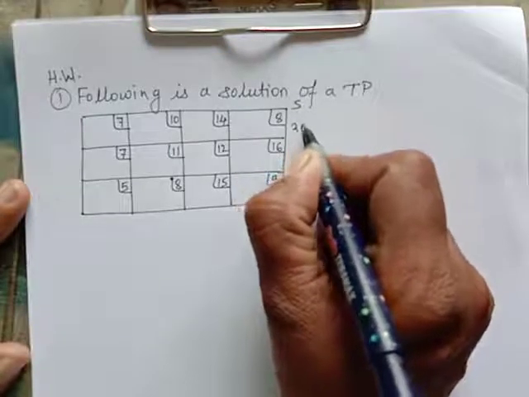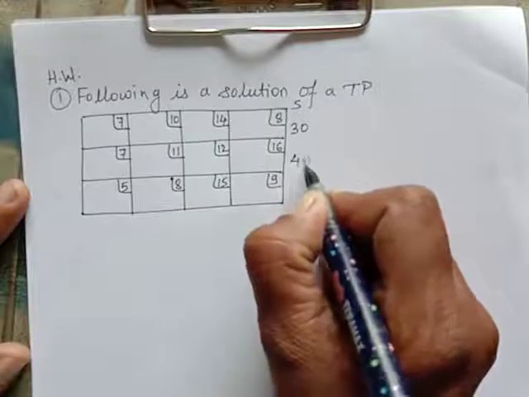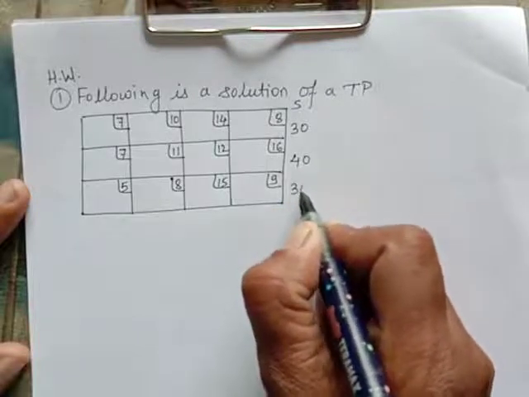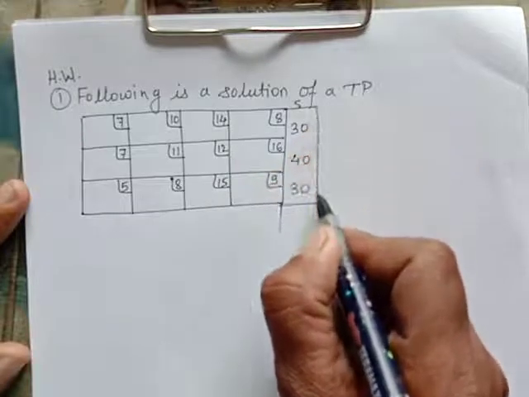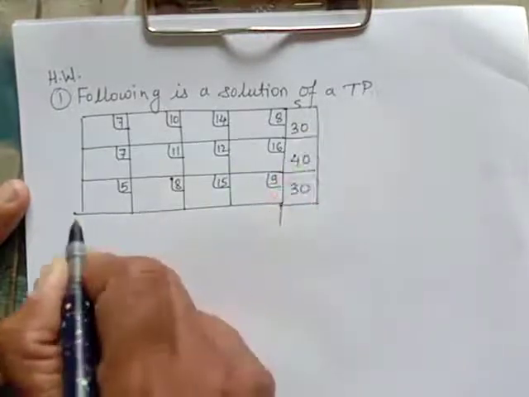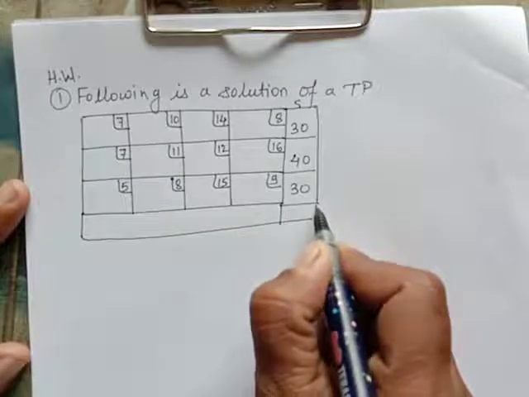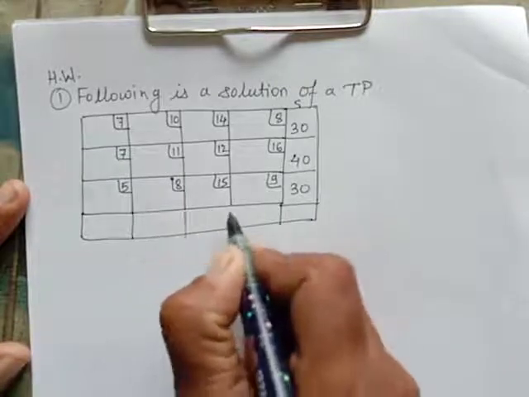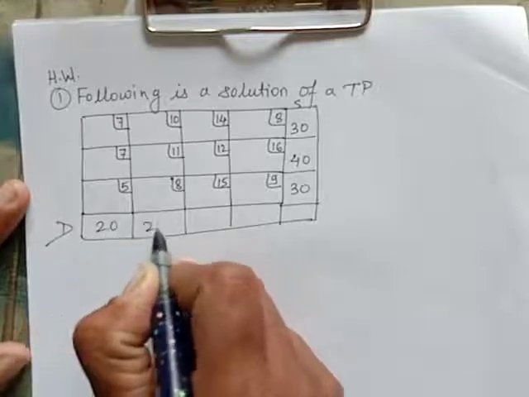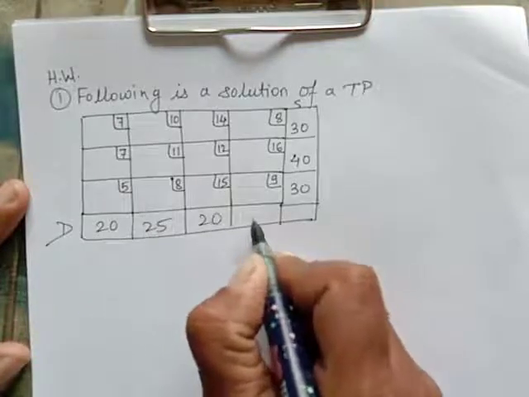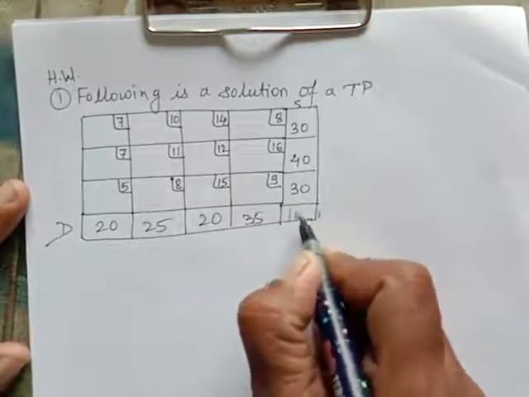Supplies are 30, 40 and then 30 again. And the demand is 20, 25, 20, 35. The total is again 100.